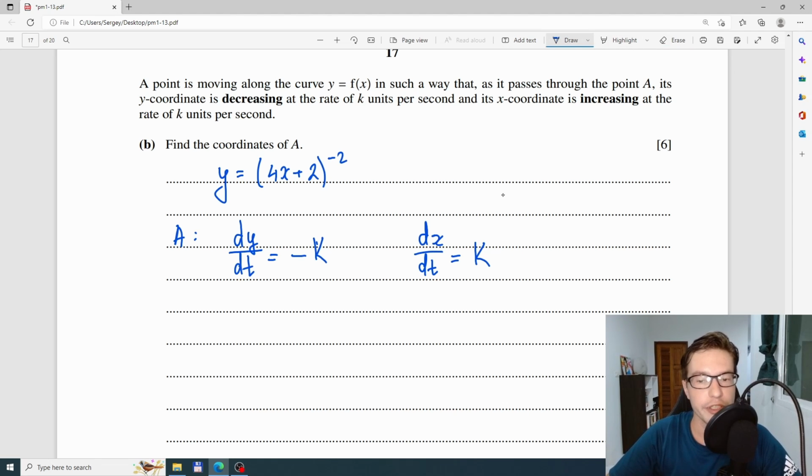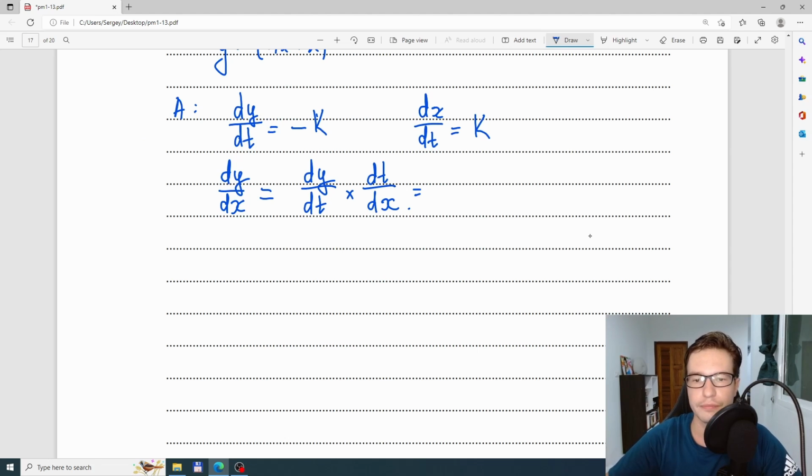Now we have dy over dt and we have dx over dt. What we can get from here is dy over dx. And all I have to do is to take dy over dt, and to get dy over dx, I can multiply by dt over dx. Now we know that dy over dt is minus k.